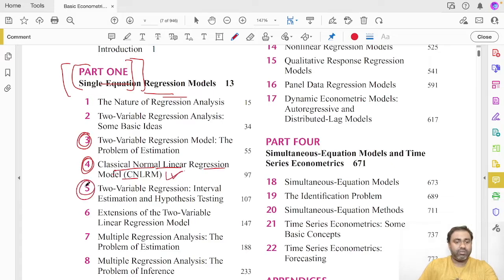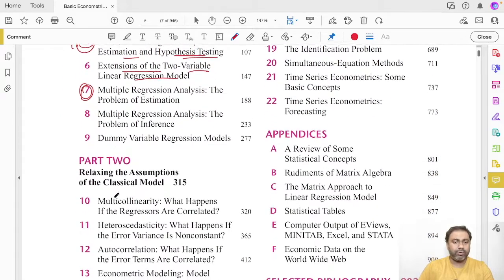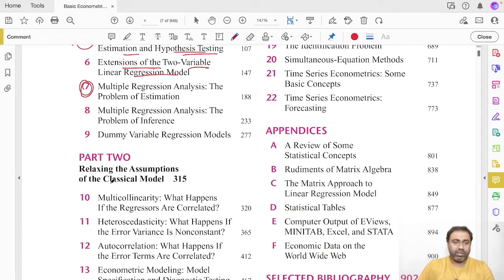Second is two variable regression, interval estimation and hypothesis testing; point estimation and interval estimation, both are important. Extension to the two variable linear regression model, multiple regression model. You can go through all these things.